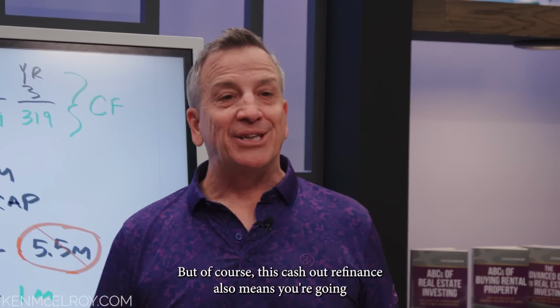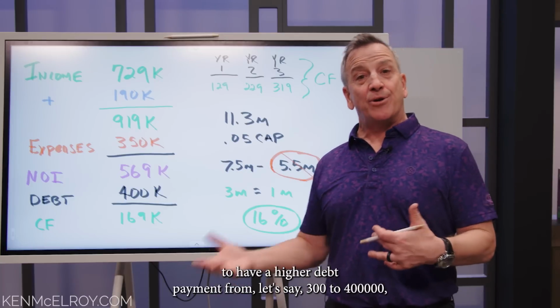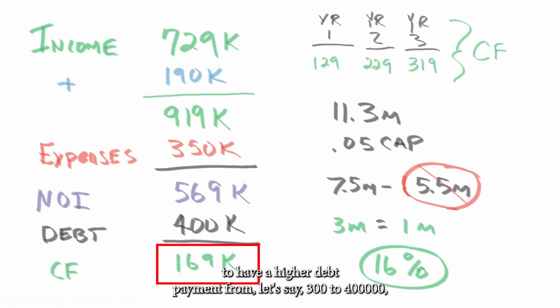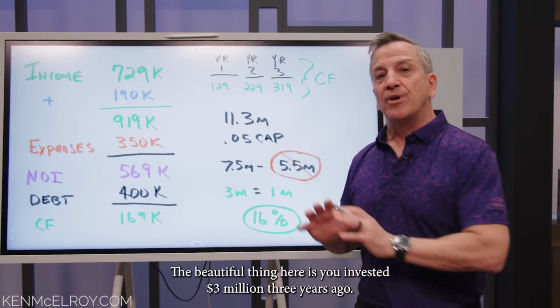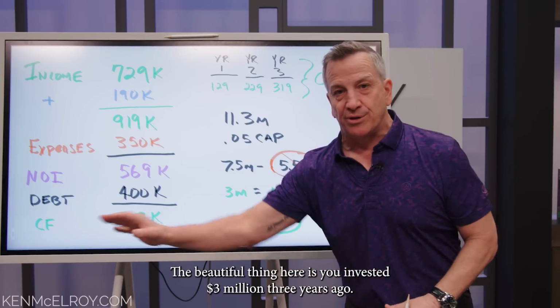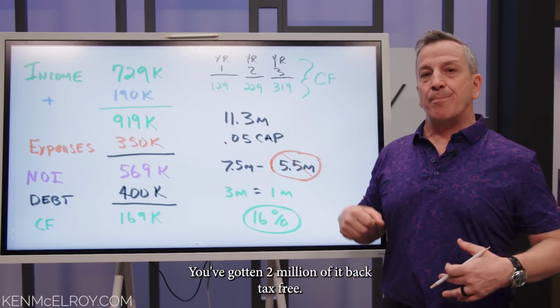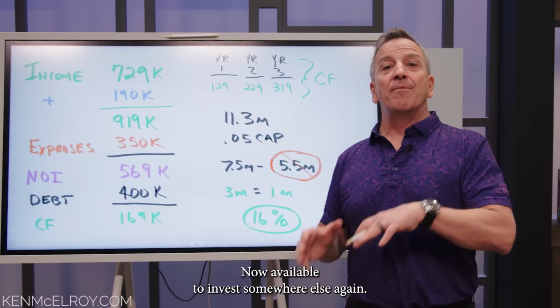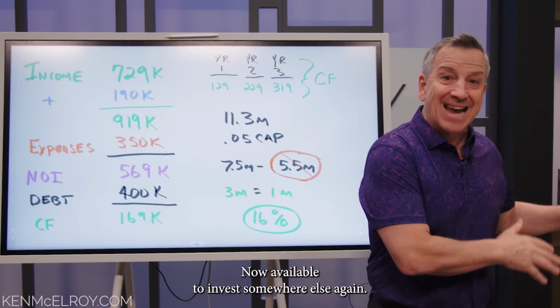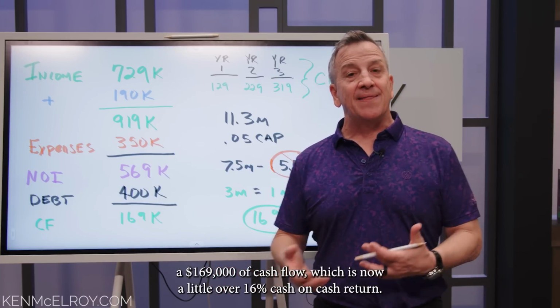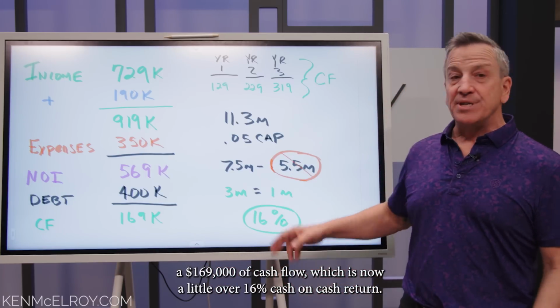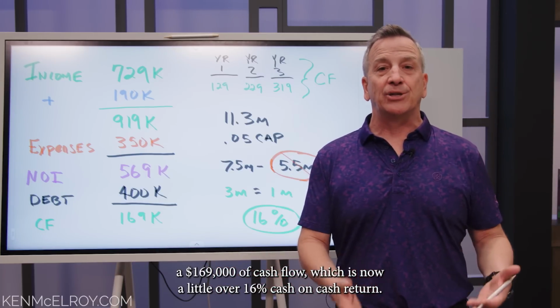But of course, this cash out refinance also means you're going to have a higher debt payment from, let's say, $300,000 to $400,000, which is going to reduce your cash flow again, leaving your cash flow at about $169,000. The beautiful thing here is you invested $3 million 3 years ago. You've gotten $2 million of it back tax-free, now available to invest somewhere else again, and you have $1 million left, which is producing $169,000 of cash flow, which is now a little over 16% cash-on-cash return.